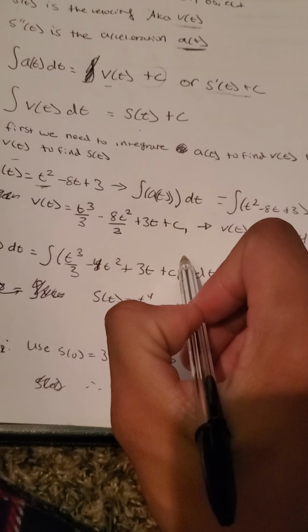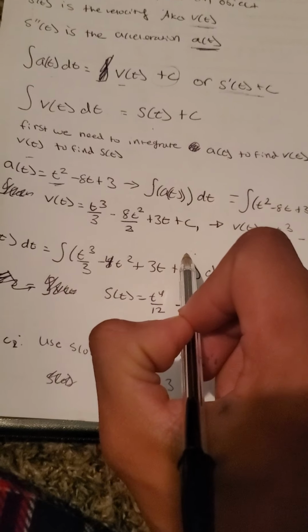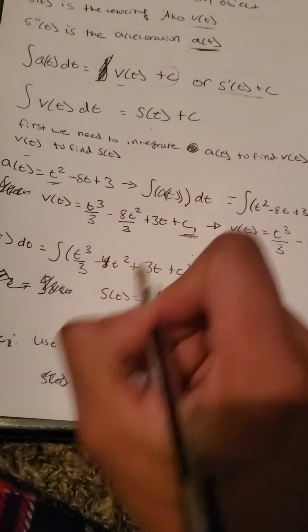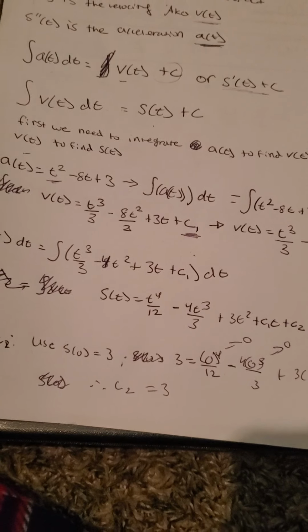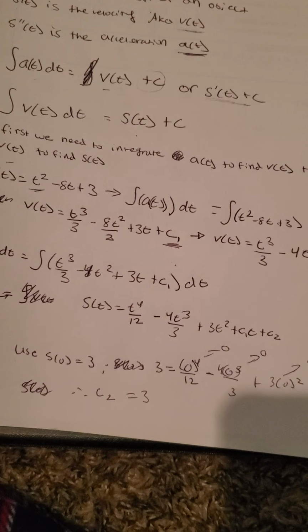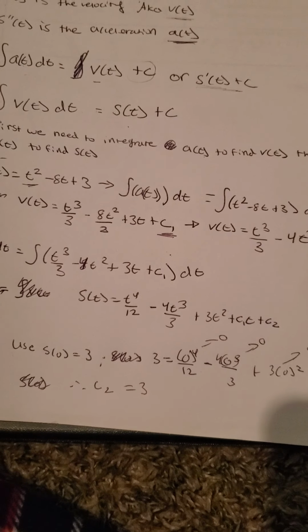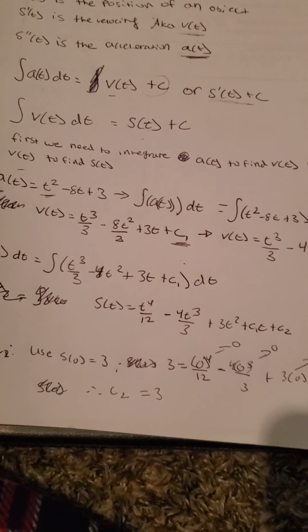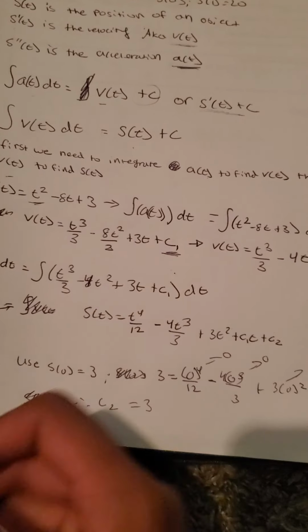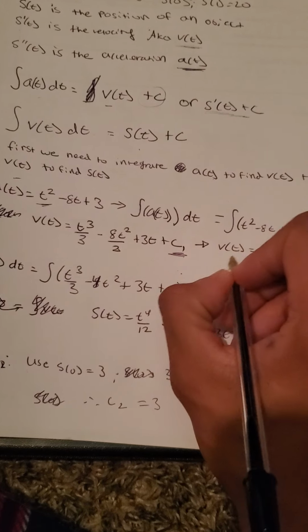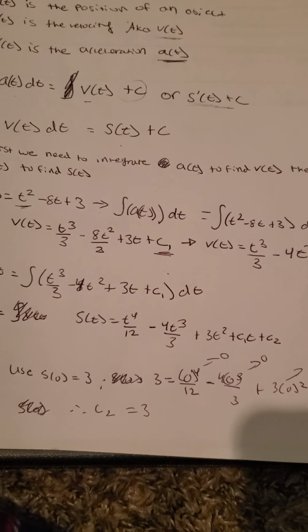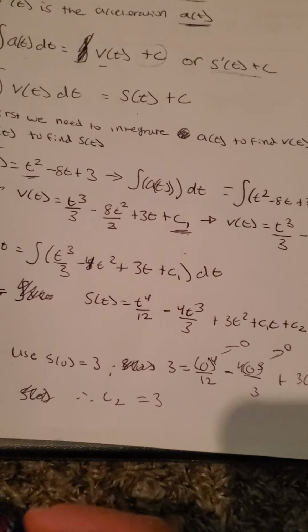Because we're going to be integrating this function twice, I denoted c1 and c2. If we integrate multiple times, I use different c's to denote different constants. Cleaning this up, the velocity as a function of time is equal to t cubed over 3 minus 4t squared plus 3t plus c1. We're going to integrate that again.